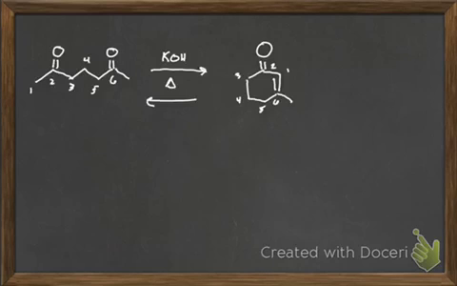All right. Now, this is only one example of how this can work. Another example would be something like this. I always have to check and make sure that I have the number of carbons right. So, something like this. Let's do some carbon counting.